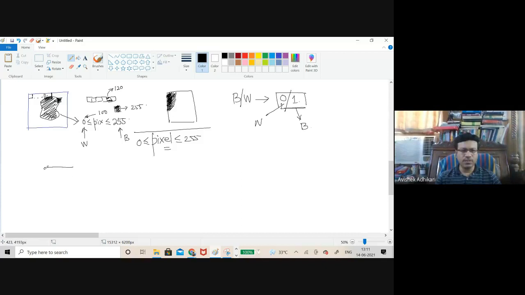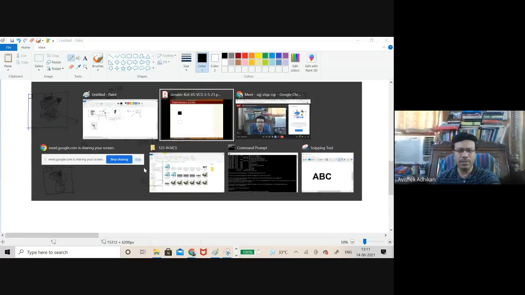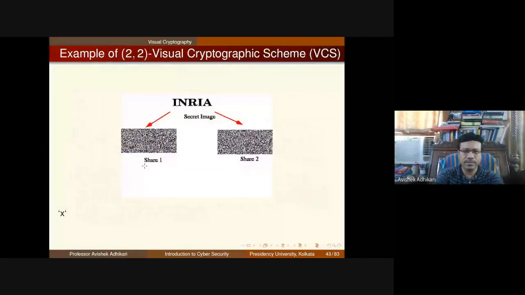So suppose this is my complete black and white image. You can understand that this pixel should be 0, this pixel is also 0. When it comes here, suppose this is black, it will be 1, and so on. So I started with some black and white image, and Inria was my image. So this is my black and white image.